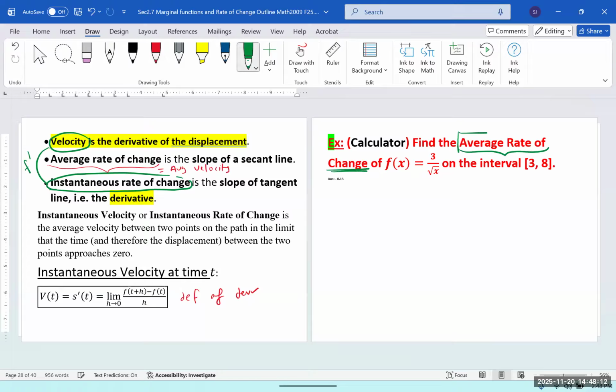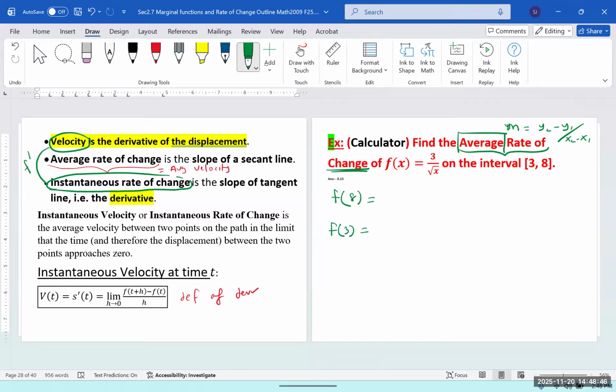Anytime you see the word average, it means the normal slope, y2 minus y1 over x2 minus x1. So we have a function 3 over square root of x, and we are finding its average rate of change on the interval 3 to 8. So first we are going to find f of 8, and then f of 3.